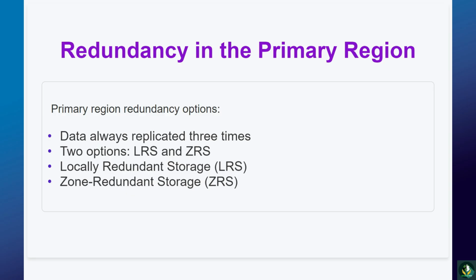Geo-zone redundant storage, GZRS, which combines the benefits of ZRS in the primary region with geo-replication to a secondary region. These options offer increased protection against regional disasters and provide more robust disaster recovery capabilities. The choice among these depends on your specific business requirements, compliance needs, and the criticality of your data.